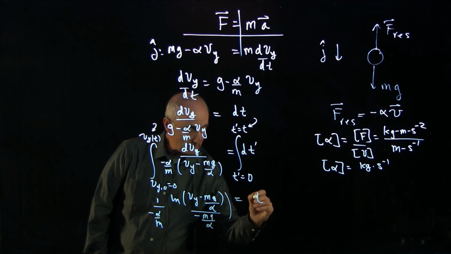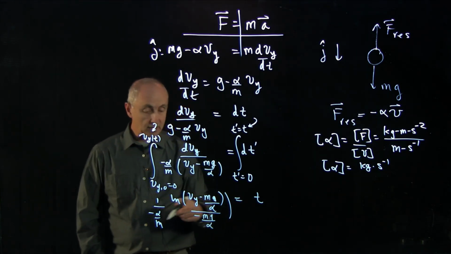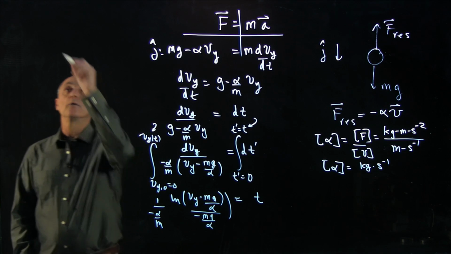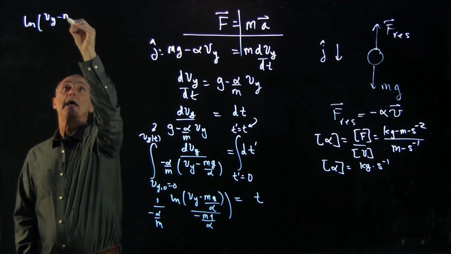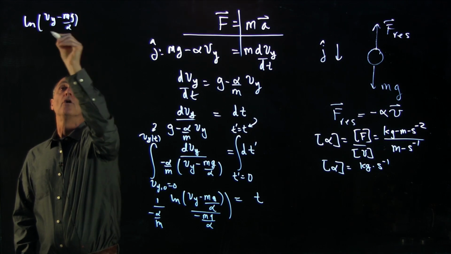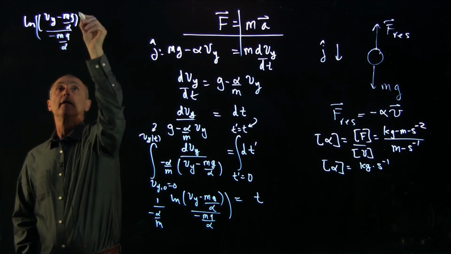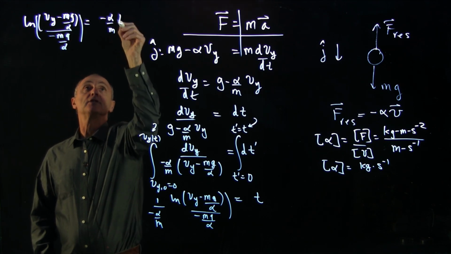And this side is very simply t. Now, we can rewrite this equation by bringing the m over alpha to the other side. And we have log of vy minus mg over alpha, over minus mg over alpha, equals minus alpha over m t.